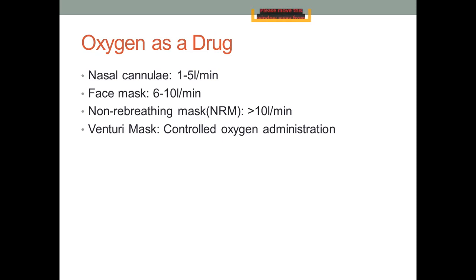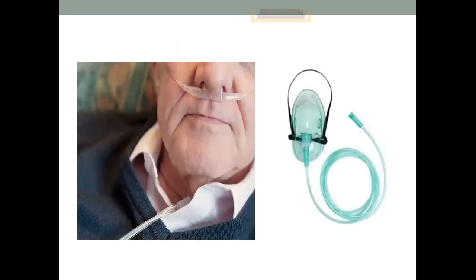When the patient requires more than 10 liters per minute, then a non-rebreathing mask should be used. And when the patient needs controlled oxygen, like in COPD, OHS, and kyphoscoliosis, a Venturi mask should be used.